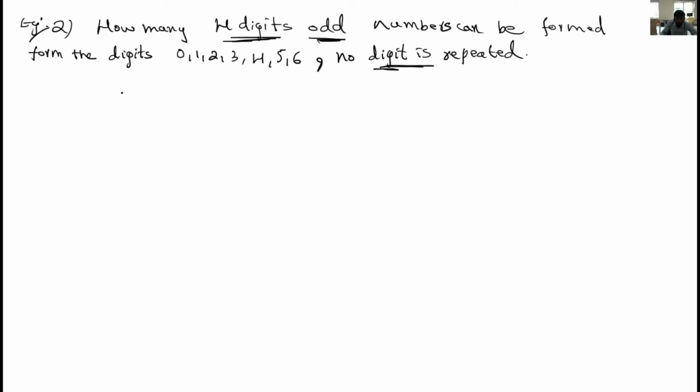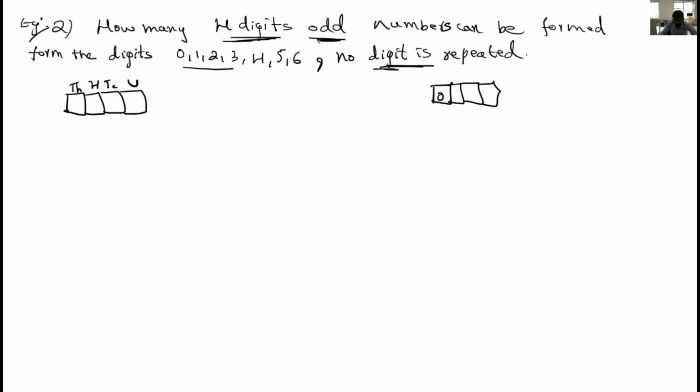See, here I will take 4 vacant places, 1, 2, 3, 4. Then see, here unit place, here tens place, here hundreds place, here thousands place. Again I will take the same 4-digit number. 7 numbers are there. Suppose I am taking the first 4 numbers.